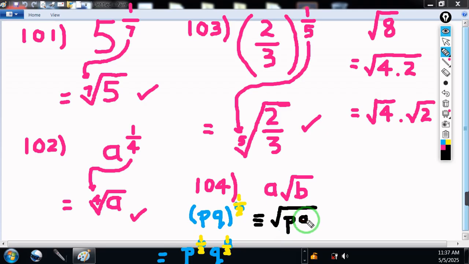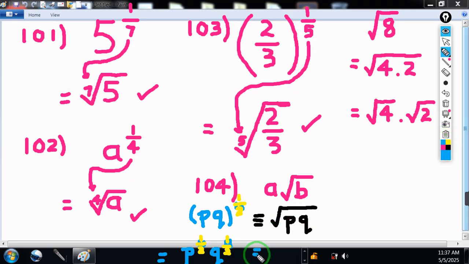Teacher, must I write the 2? No need, student. There, no need. Sir, can I write the 2? Can, but please, no need. It's understood. So similarly, I take a different color. Blue will be fine.